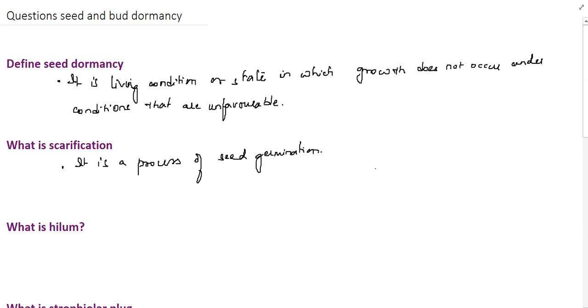So in this process, the seeds are mechanically disrupted. Why? What is the motive of disrupting? To remove the seed coat.